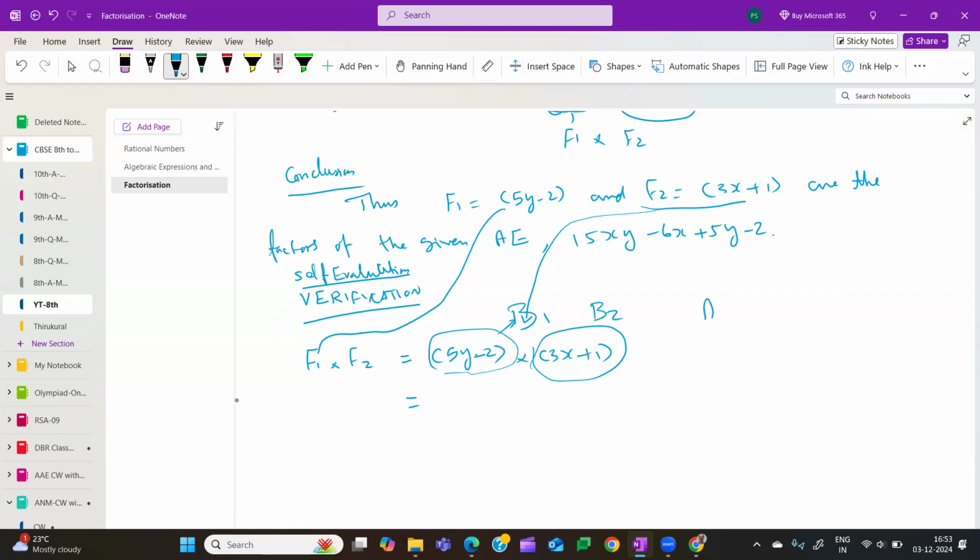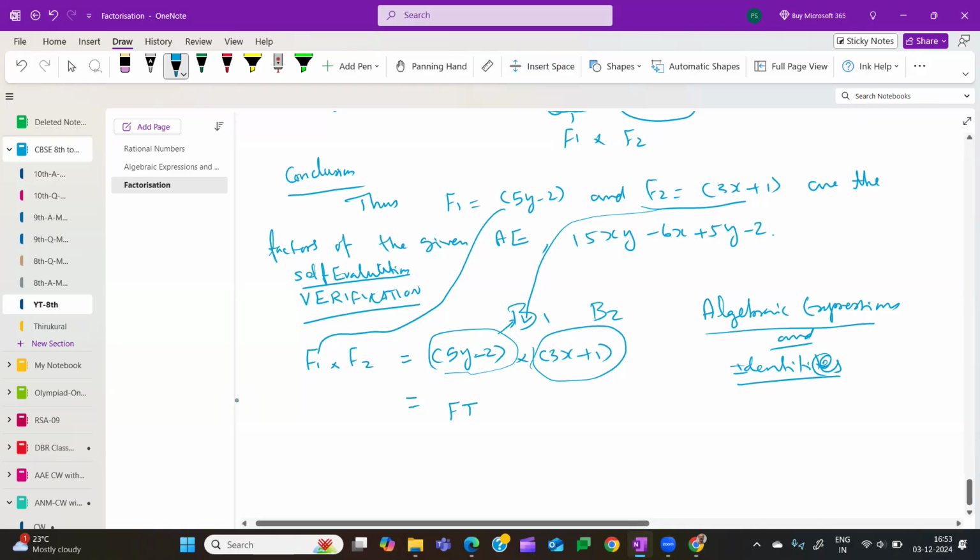As per what you have learned from this chapter, algebraic expressions and identities, one concept is called binomial multiplied by binomial, which is equal to the first term of binomial 1.